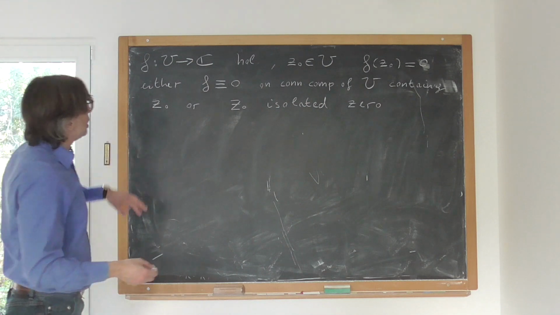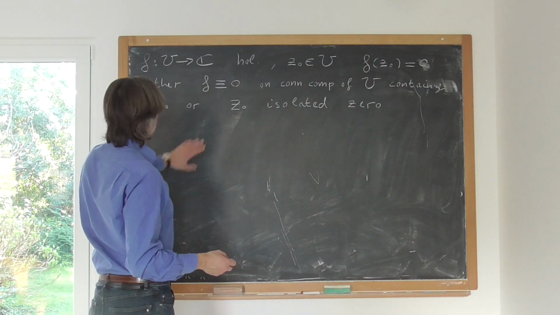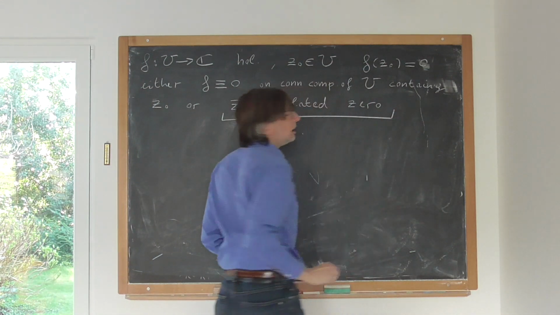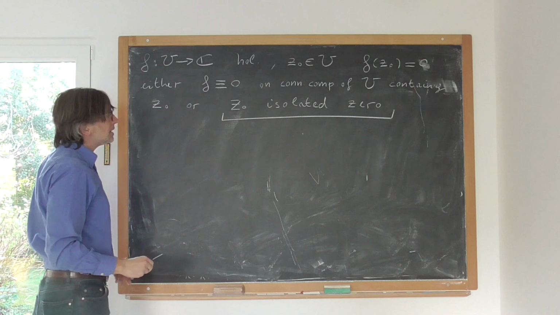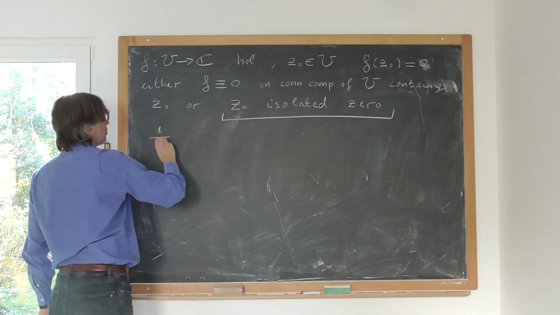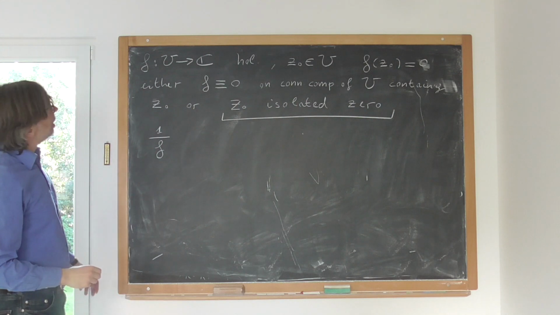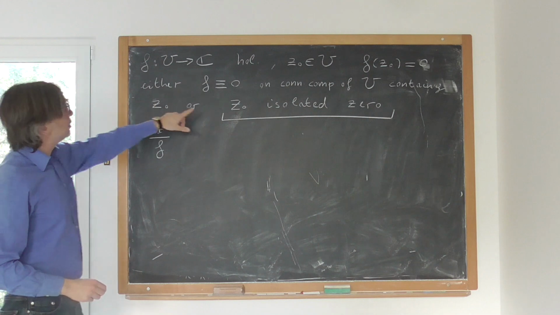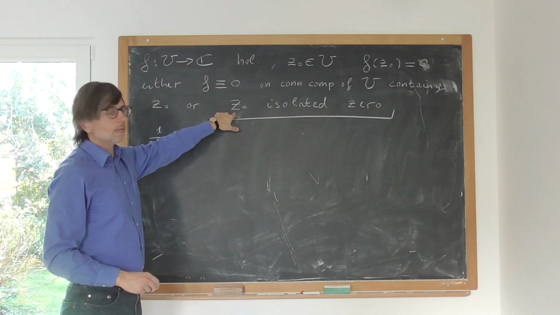And then, let's say that we are in this situation. z naught is an isolated 0. In this case, it makes sense to consider the function 1 over f. 1 over f now will have a singularity at z naught.